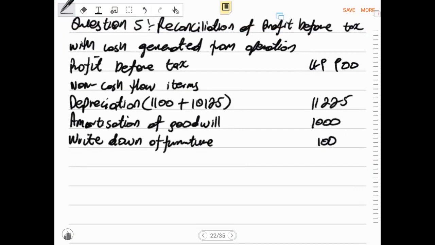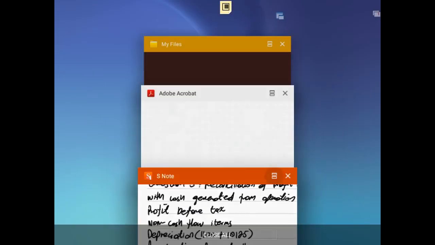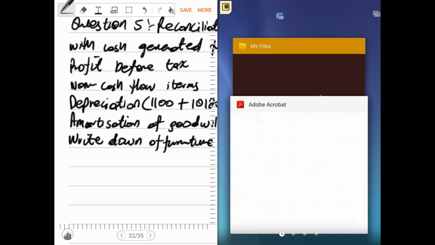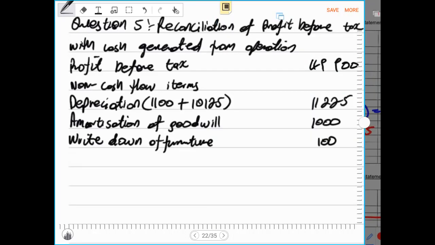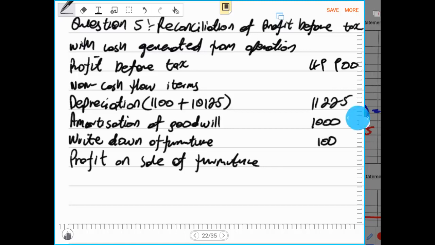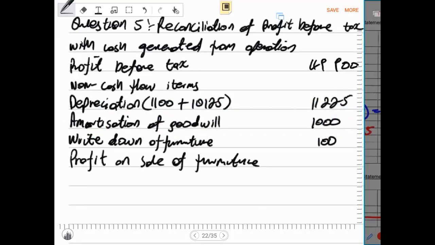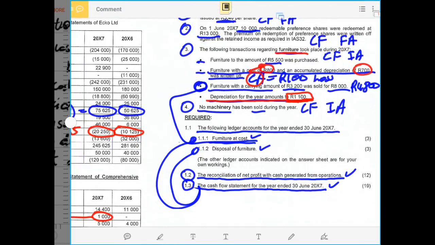So we proceed to the next part, where we record the next entry. The next entry will be the profit on the sale of furniture. Remember, there was furniture that was sold, and a profit was made on the sale, if you still remember.